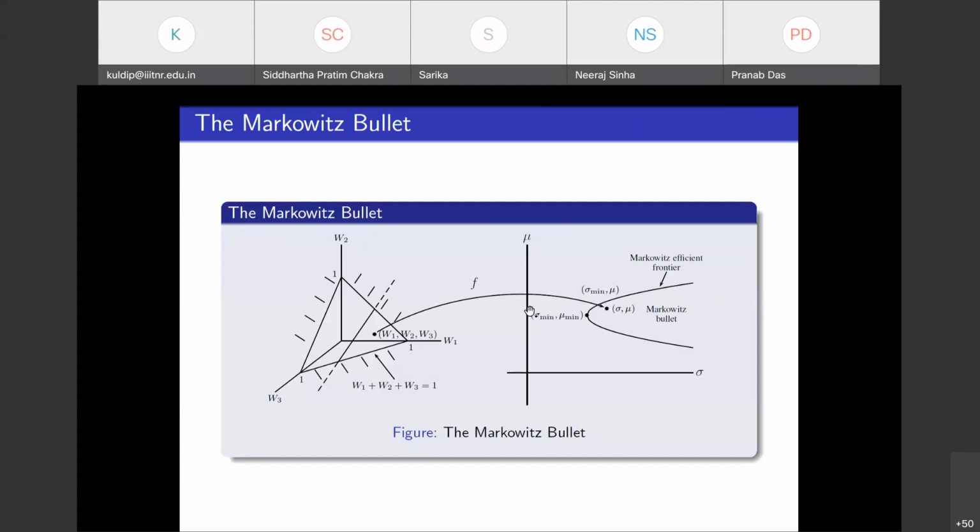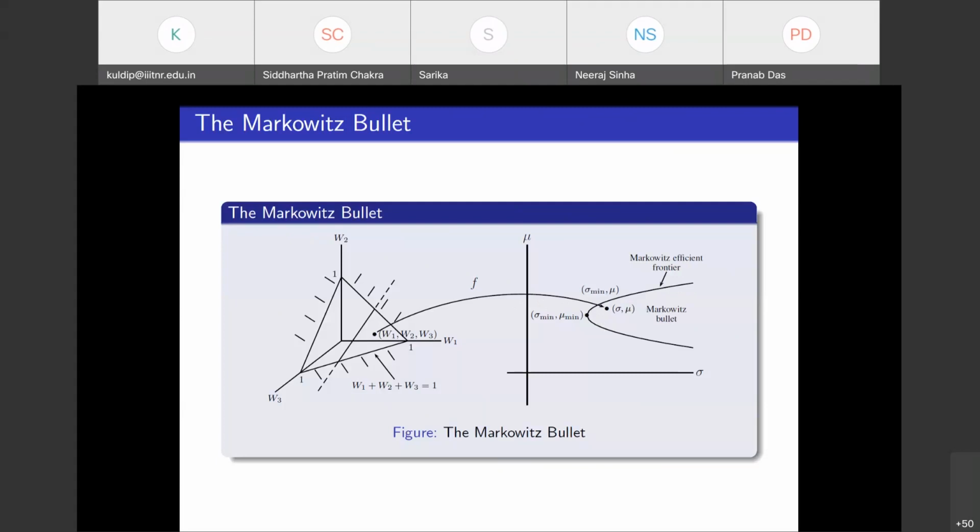Suppose I take another mu value here, then I draw a line here. From this point onwards, there are infinitely many values of sigma comma mu, but the points on these lines are nothing but the fixed mu, which results in the minimum corresponding sigma.